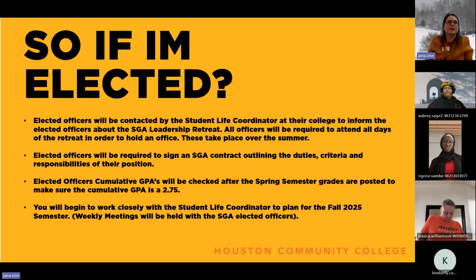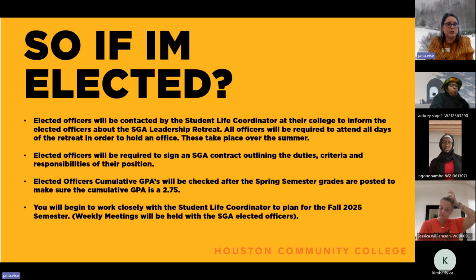However, so if I'm elected, what happens? Well, you'll get contacted by Student Life at your college to inform the elected officers about the leadership retreat and all the good information. You have to sign an SGA contract outlining your duties, criteria, and responsibilities.